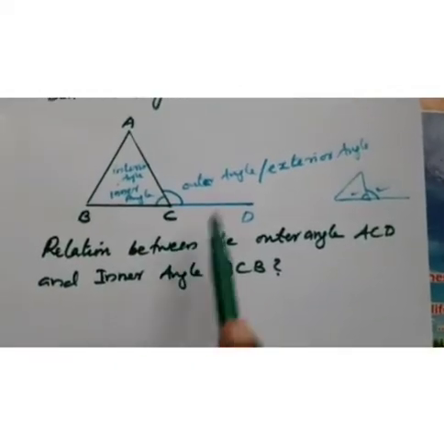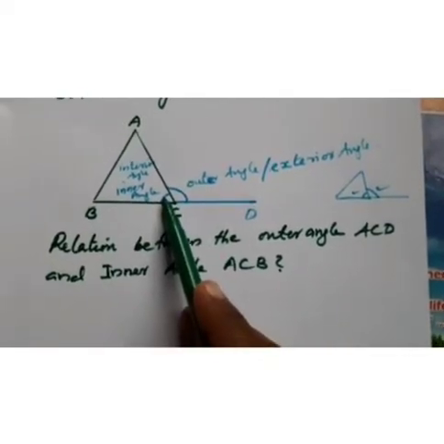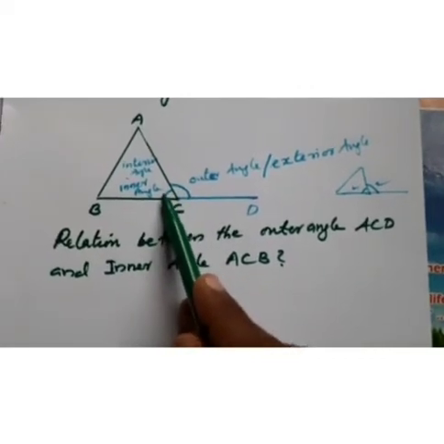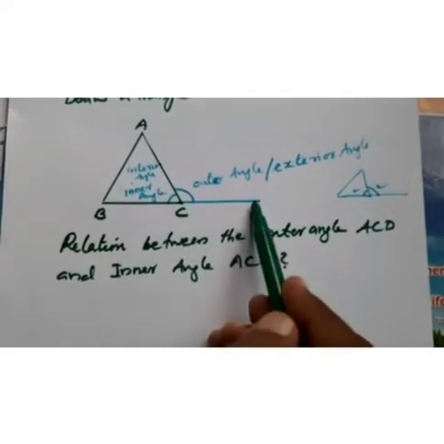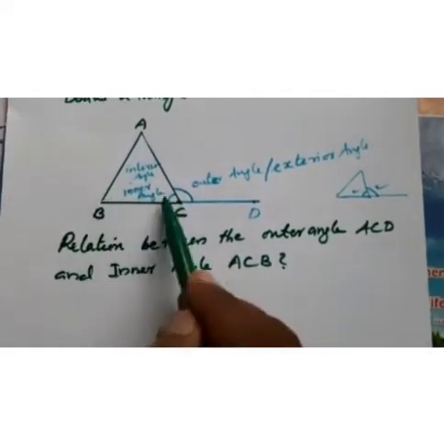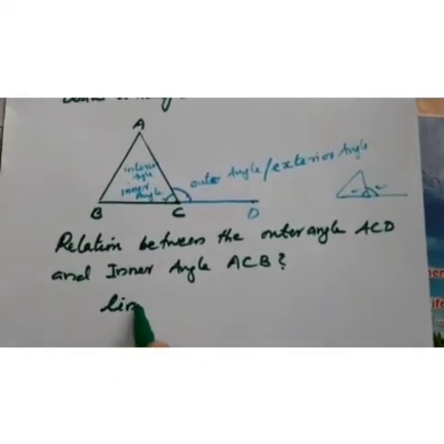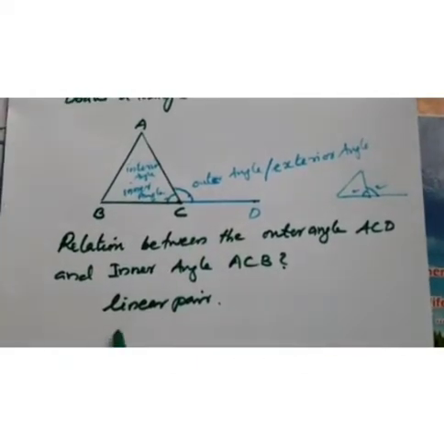What is the relation between this outer angle and the inner angle? We studied linear pairs. We can say this is a linear pair. So what is the relation between ACD and ACB? These two together are called a linear pair. Then what about angle ACD?